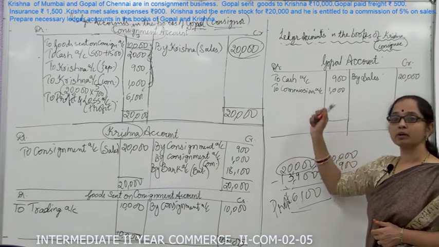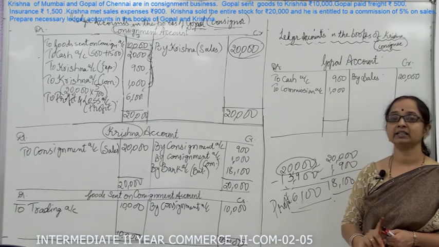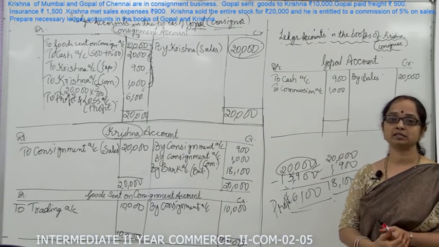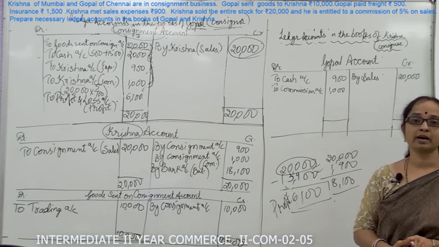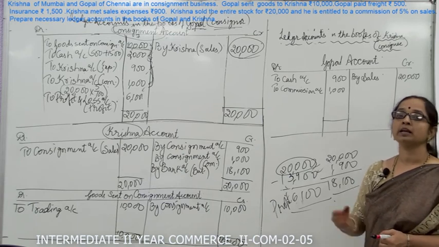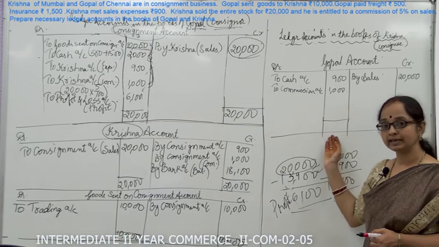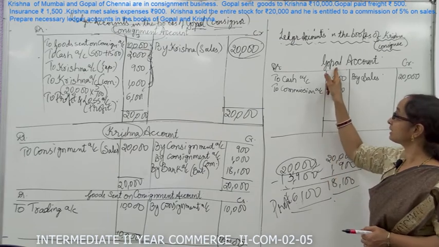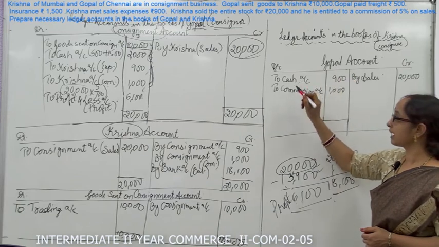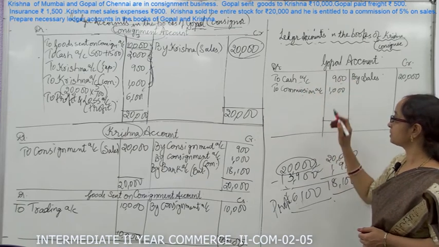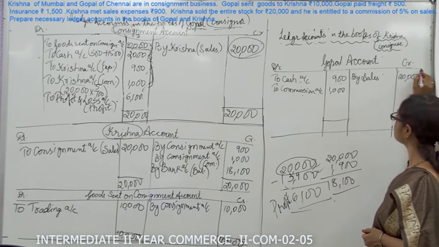It is Gopal. Gopal has to pay all of these, because this is not the consignee's business, it is the consignor's business, so all the expenses are to be borne by the consignor. So although he has paid these expenses for now, from whom should this whole amount come? This has to be borne by Gopal. So cash expenses 900, commission 1,000 rupees, and 20,000 is what he sold.